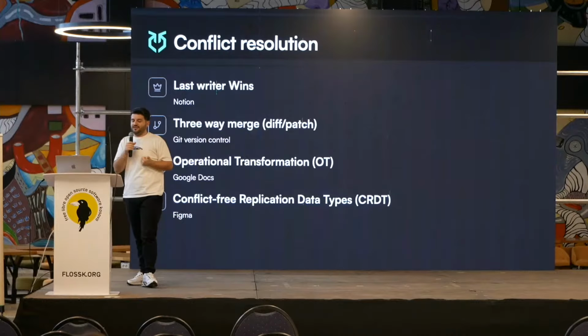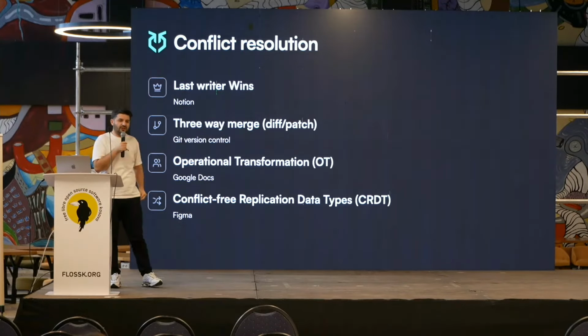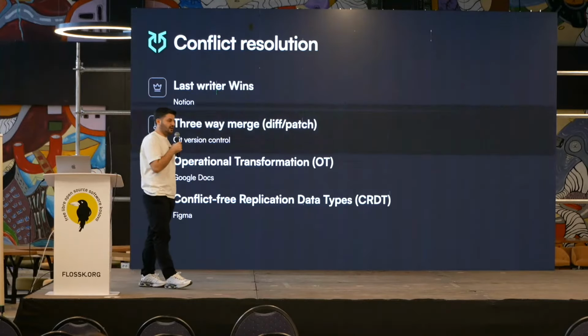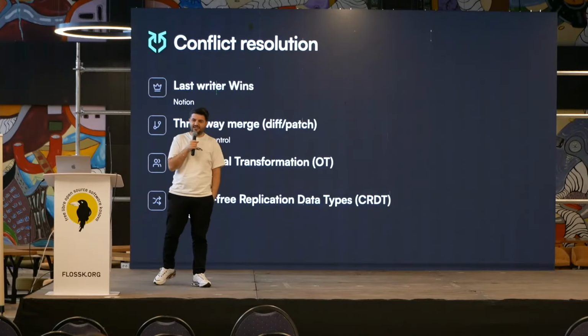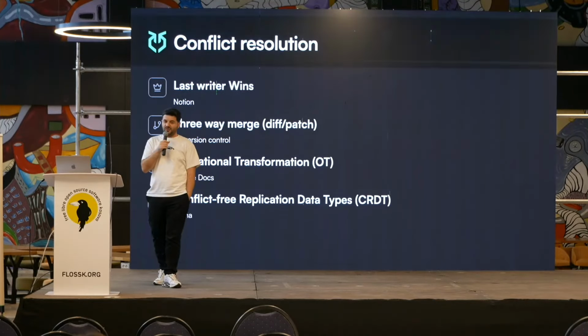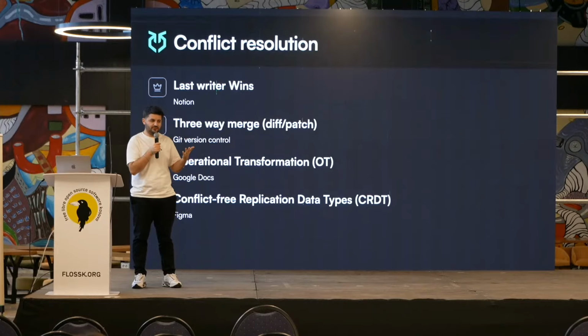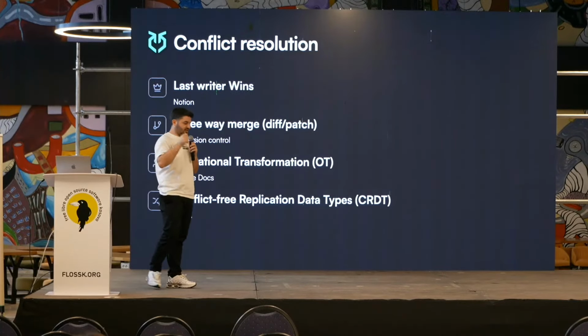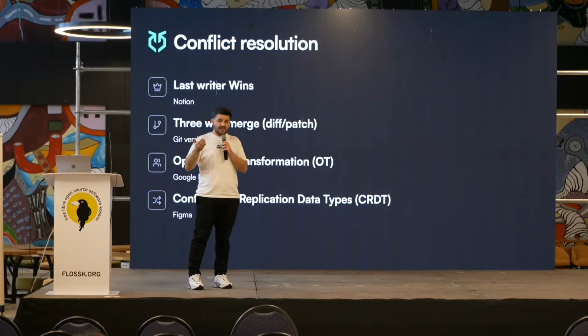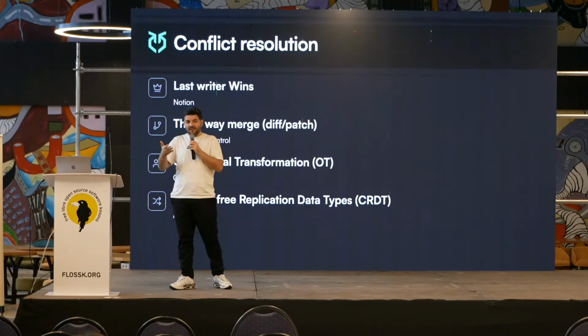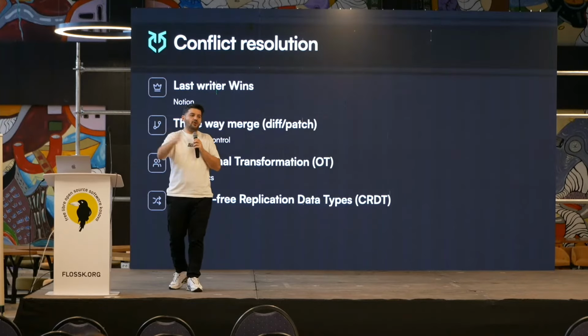And then we got other algorithms, which we also use in Colanode. They are CRDTs, or conflict-free replicated data types. What they do is they provide full peer-to-peer conflict resolution, which is not always 100% accurate, but what they guarantee mathematically is that the last state will be the same for all the clients.